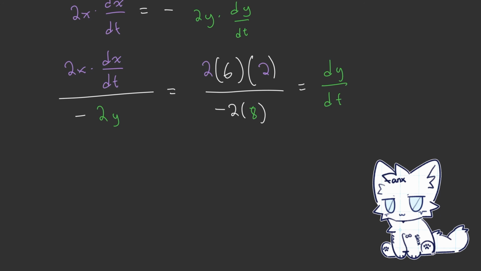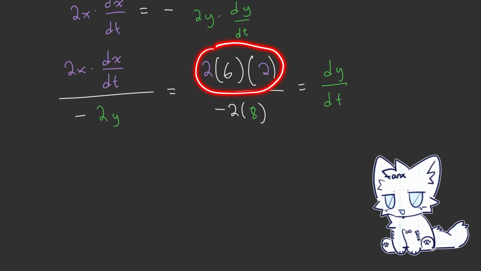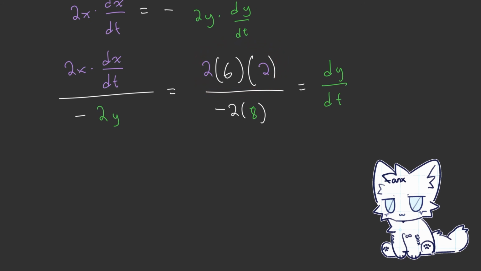Calculating this, 2 times 2 times 6, that would be 24 over negative 16. And this roughly simplifies to negative 1.5 feet per second.